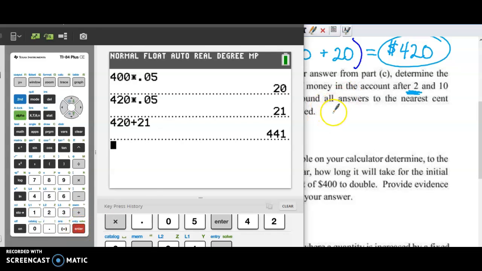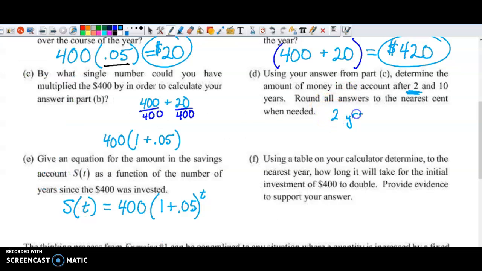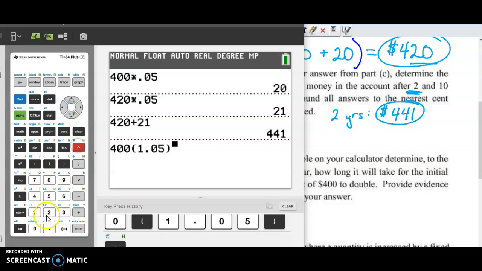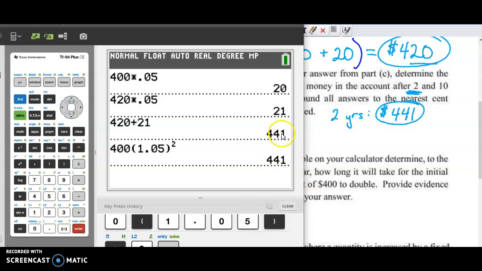So after 2 years, you have not just another $20, but another $21. And really what's happening is you're taking this equation, let me write it right here, and you could do 1 plus 0.05 in your head, to the second power, and that's how you get that answer.